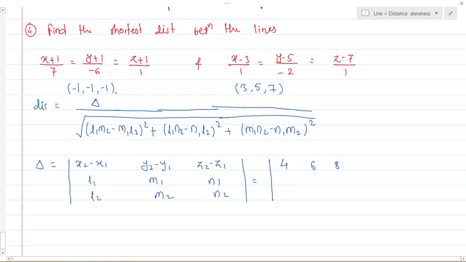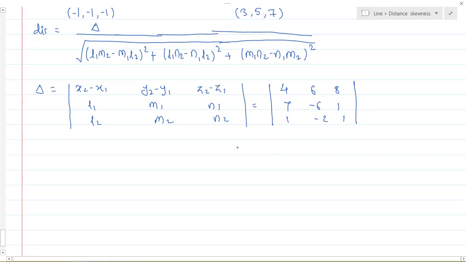L1, M1, N1 are 7, minus 6, 1, and the second line's L2, M2, N2 are 1, minus 2 and 1. Let's solve this determinant, which equals 4 into (minus 6 plus 2), minus 6 into (7 minus 1), plus 8 into (minus 14 plus 6).